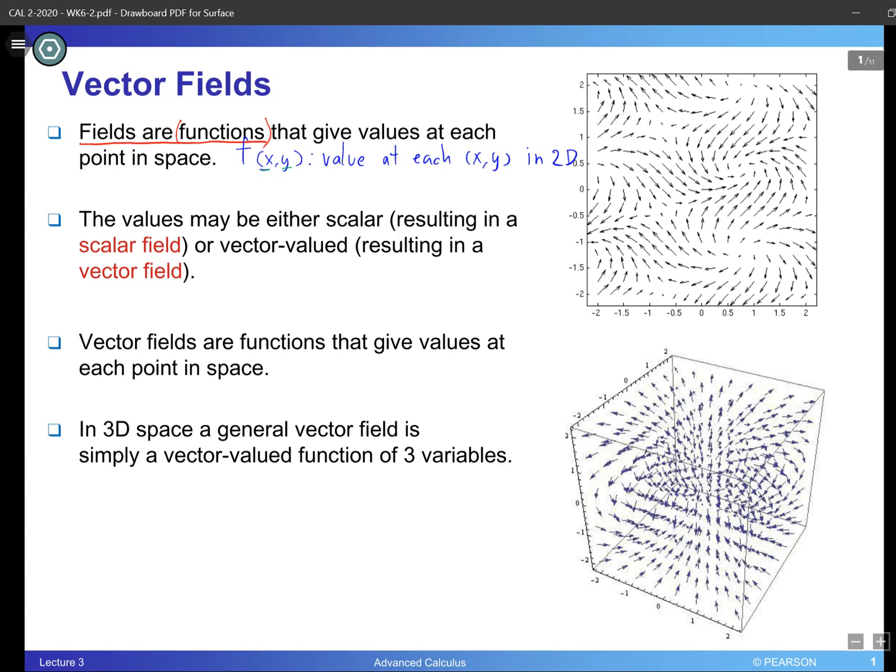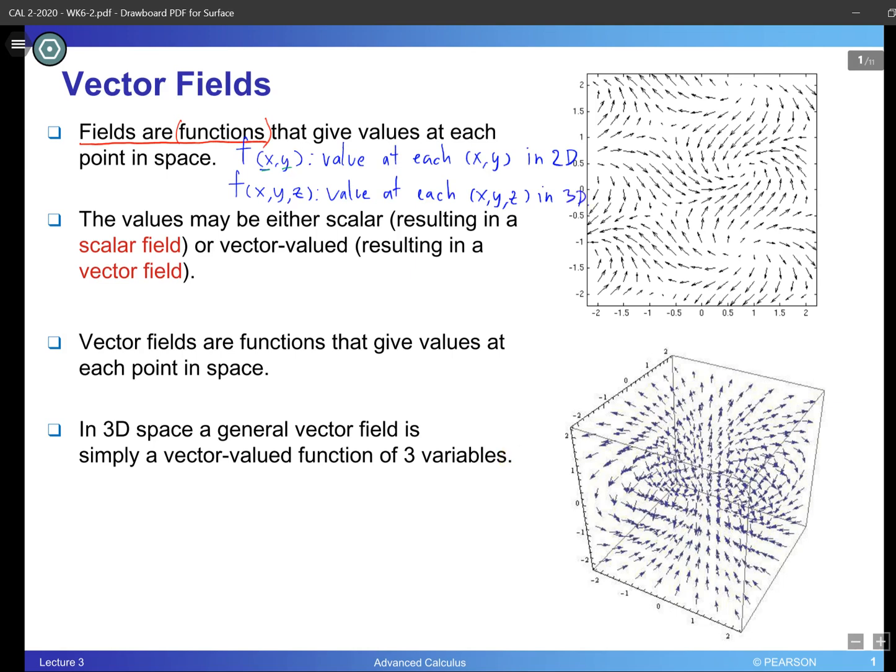Now we are going to extend this concept to three-dimensional space. Instead of having a coordinate of xy, we are going to have xyz as the location in space, and then we assign a value to that location using the function value again. Once again, this means a value at each location, each coordinate xyz, and this time it's going to be 3D.